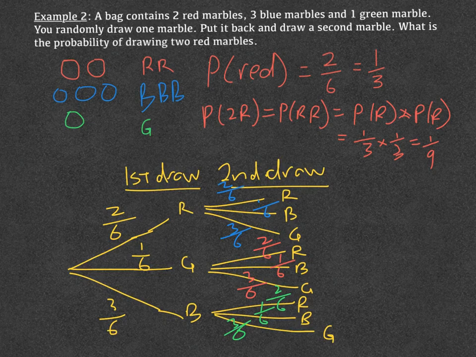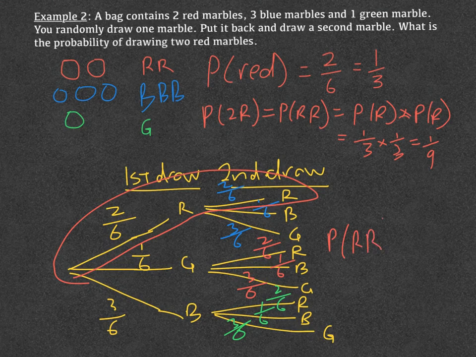If you could see, if I want 2 reds, what I want will be this 2, right? So 2 over 6 here. So you will do probability of red is equal to 2 over 6 times 2 over 6.